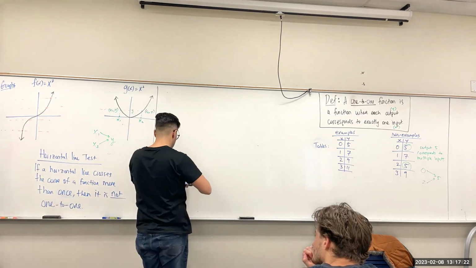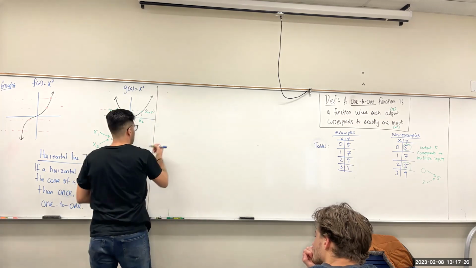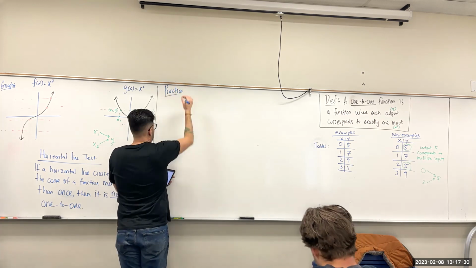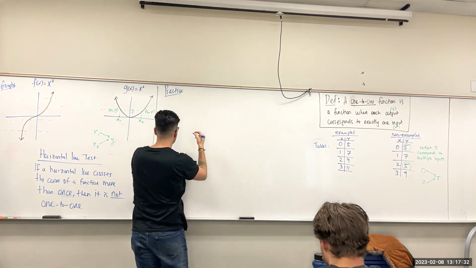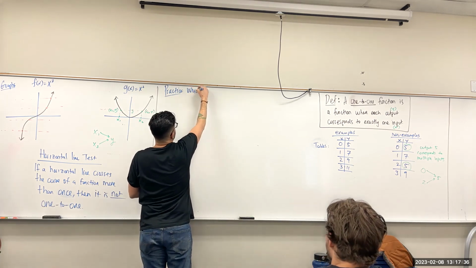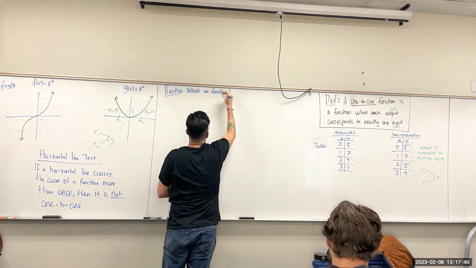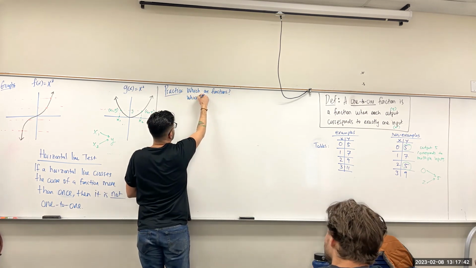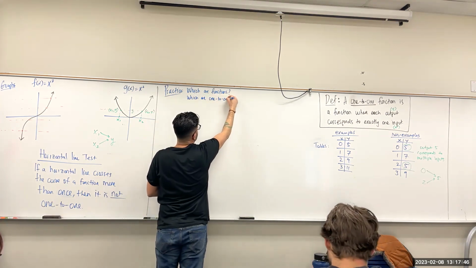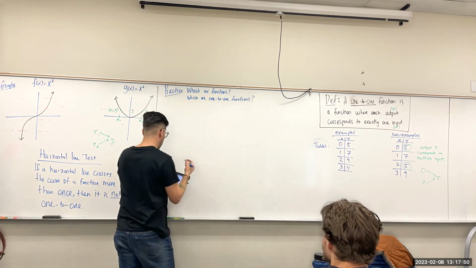Okay, let me have you guys do a real quick little concept check here. I'm going to give you three graphs. So which are functions? And then which are one-to-one functions?